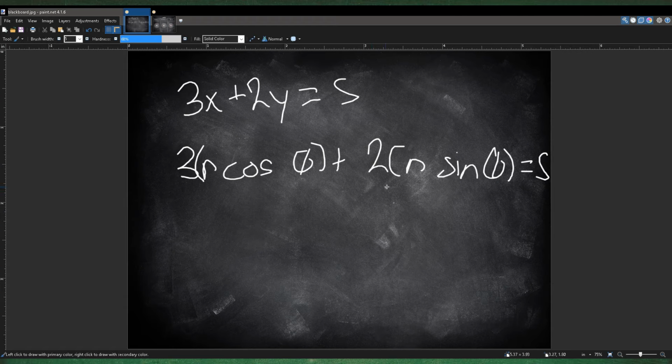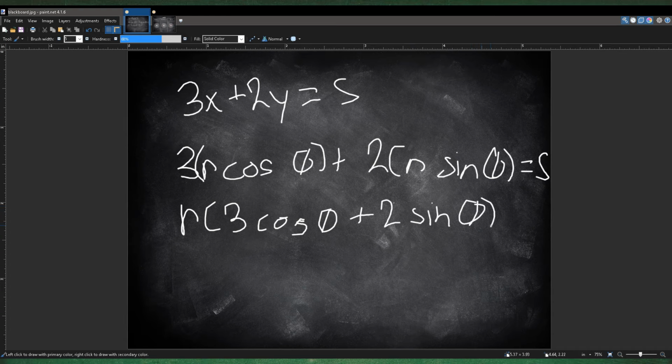And that's basically what you have to do to get it in the right form. And then you get everything into r is equal to some kind of number. So you distribute out the r from both of these, so you get r times 3 cosine theta plus 2 sine of theta is equal to 5.